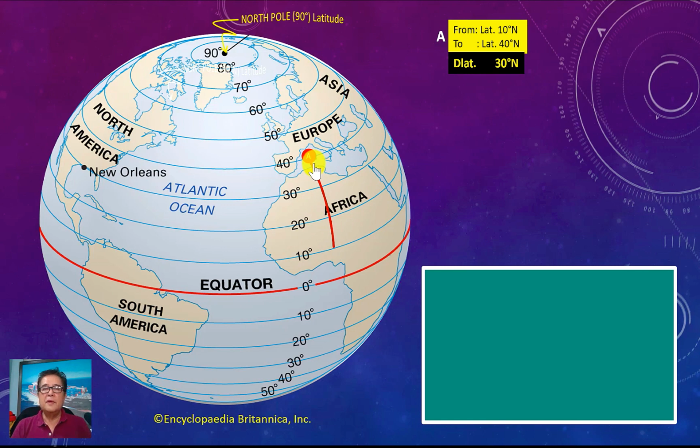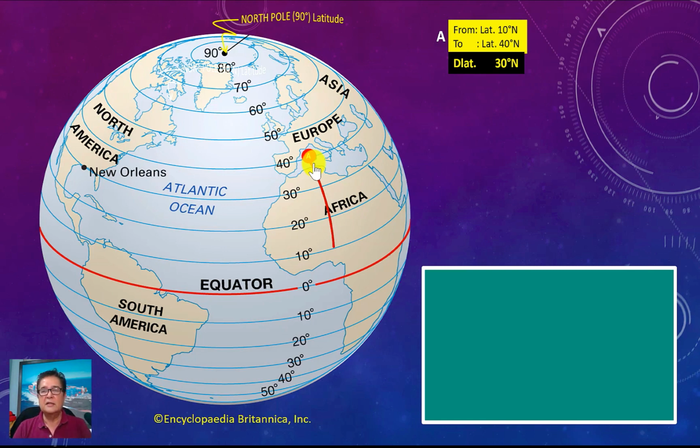So difference of latitude is the distance and the direction of the movement of the ship. The distance in degrees, and the direction is either north or south.